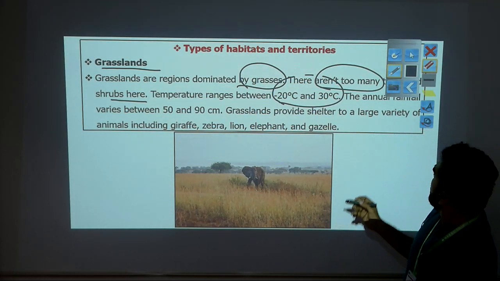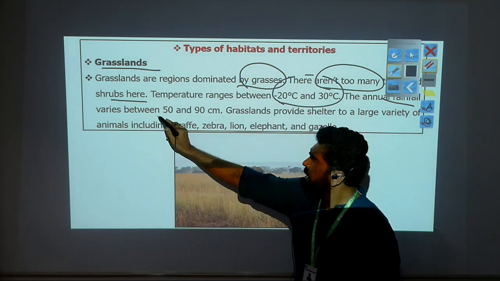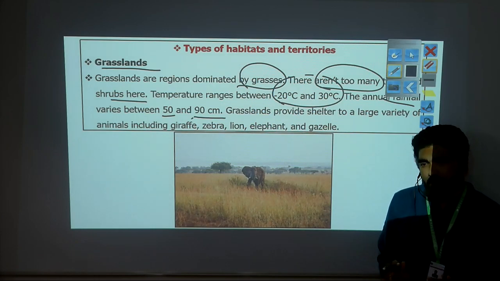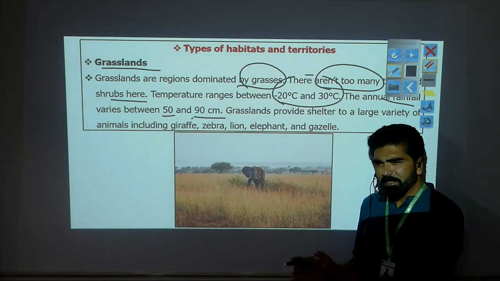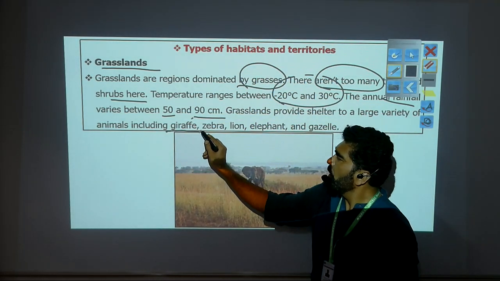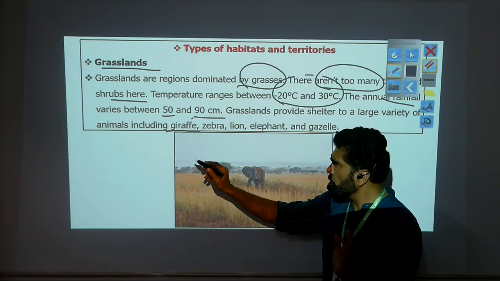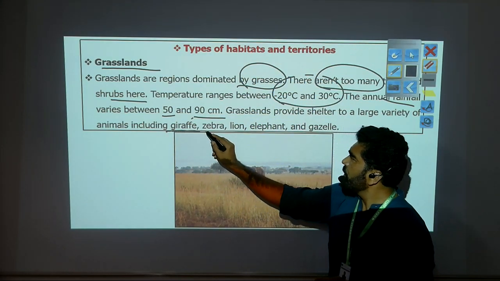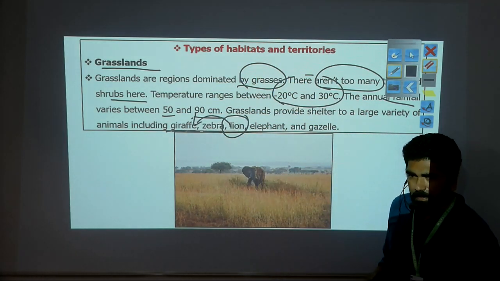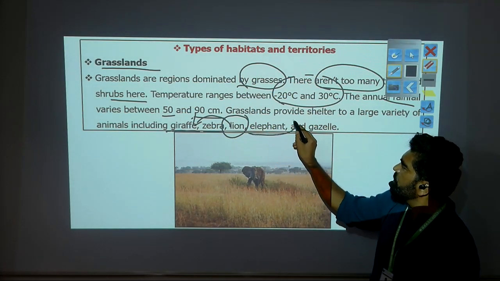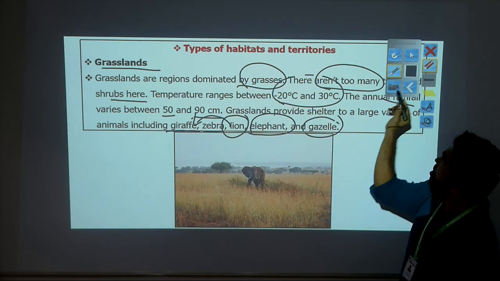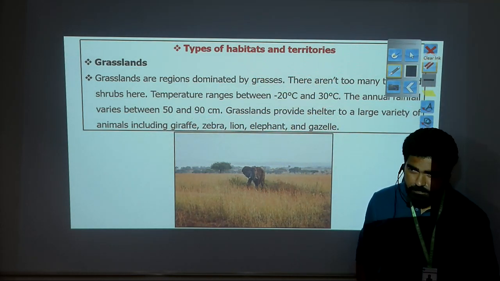The annual rainfall varies between 50 and 90 centimeters. In the grassland ecosystem, there are special animals present. They depend only on vegetation, such as the giraffe and zebra, and the lion, which depends on these herbivorous animals. There is one giant animal, the elephant, and the gazelles.